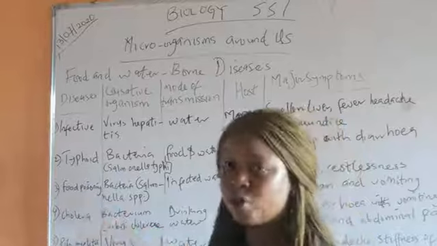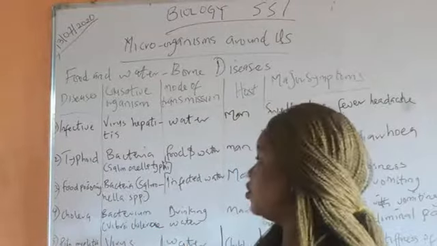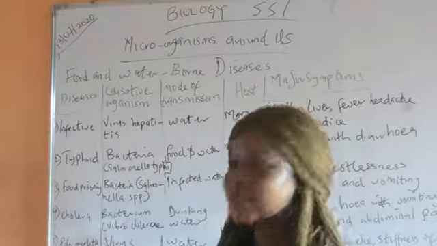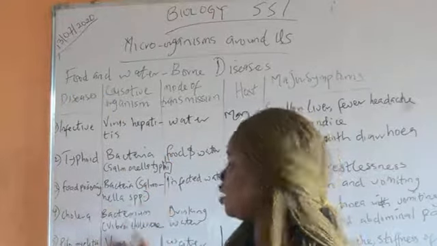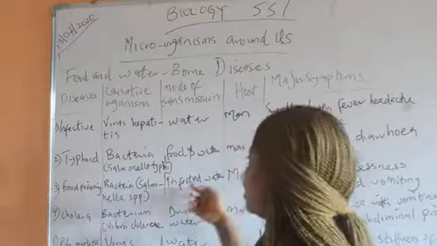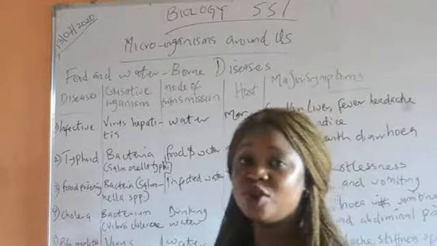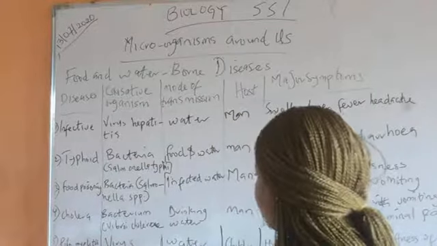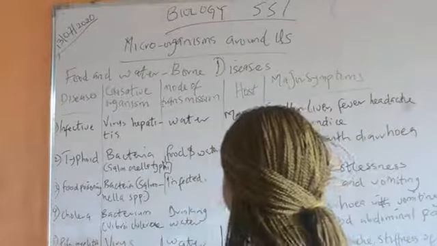The next one is food poisoning. The causative agent is bacteria, the Salmonella species. The mode of transmission is through infected food, not water, infected food.